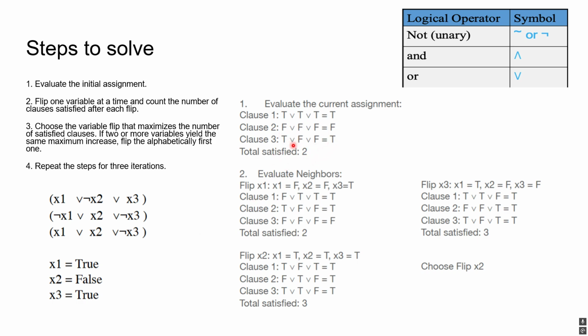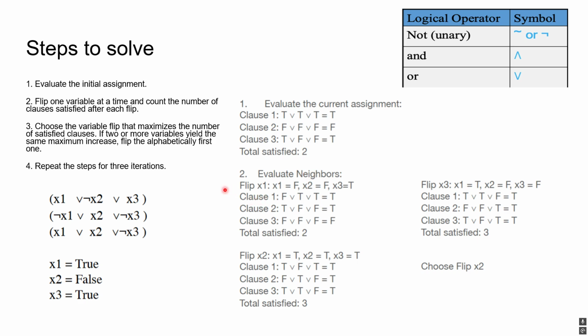Because it is an OR statement, you have all of these being different symbols, but because at least one is true, that makes the entire clause true. So the goal is to satisfy the final clause by making this a true statement and by changing the least amount. So then you evaluate each variable at a time by flipping the Boolean that they were initially.